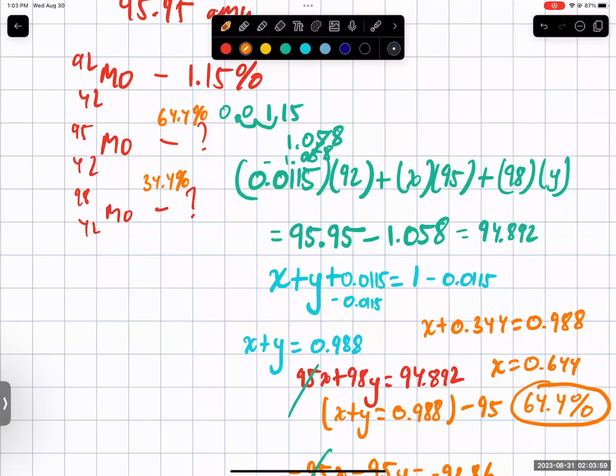What do we get? 99.95, which is pretty close to 100%. The reason we didn't get 100% exactly is because we might have rounded somewhere in the middle. So it's safe to assume that 100% is the correct answer.